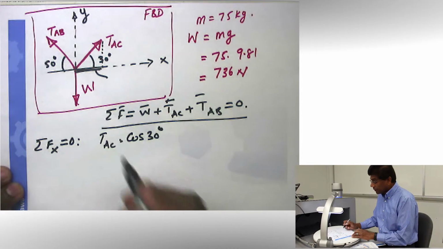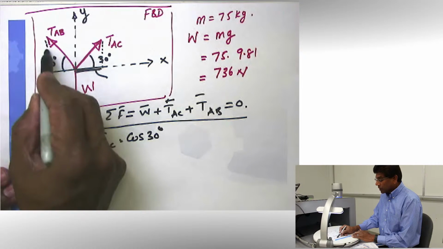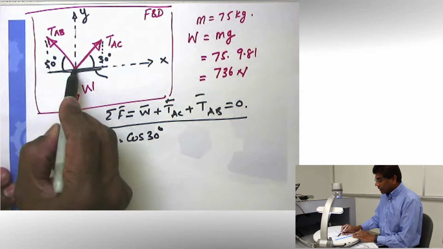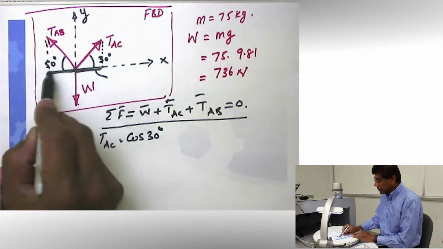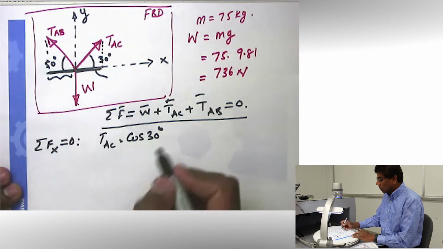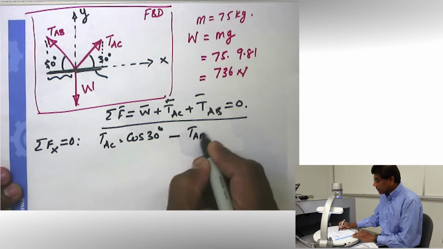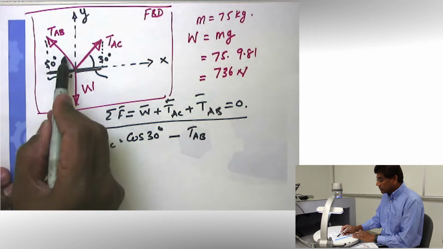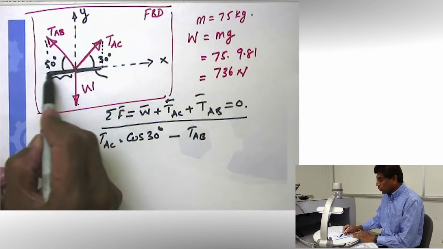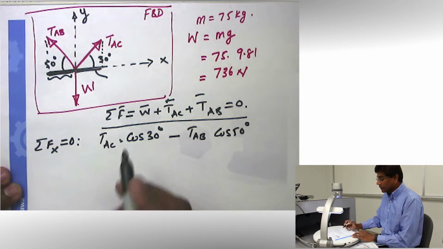It's pretty straightforward. And move on to the next force, TAB. I want to project onto the x-axis again. As you can see, here is the component, and this is in the negative direction of x, so minus TAB. And again, since this is 50 degrees, it is going to be cosine of that, so cosine 50 degrees.